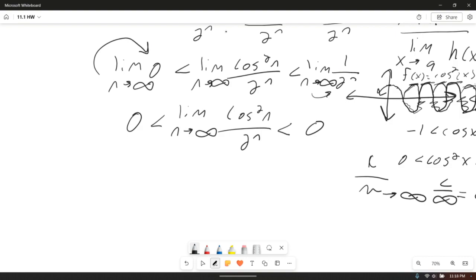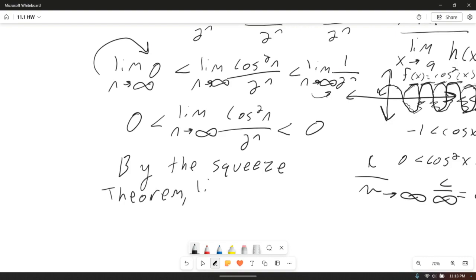And, well, would you look at that? By the squeeze theorem, the limit as n approaches infinity of cosine squared of n over 2 to the n equals 0.